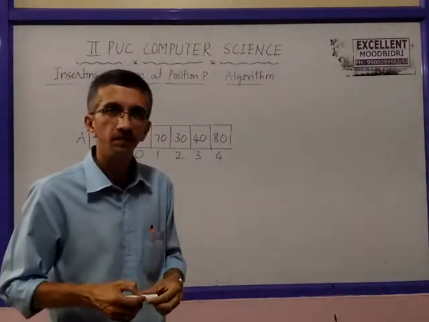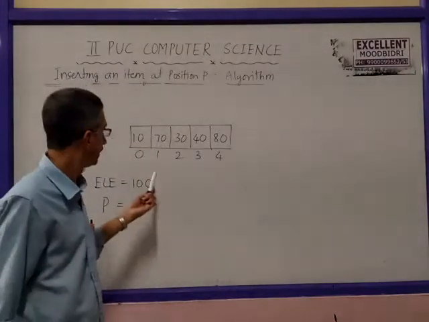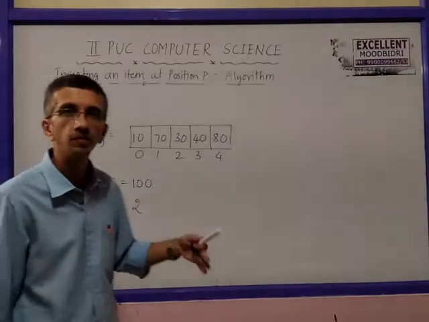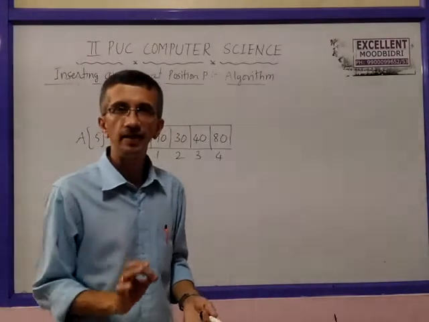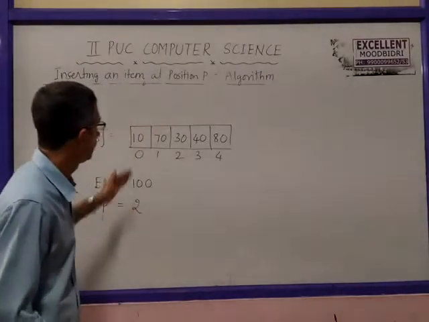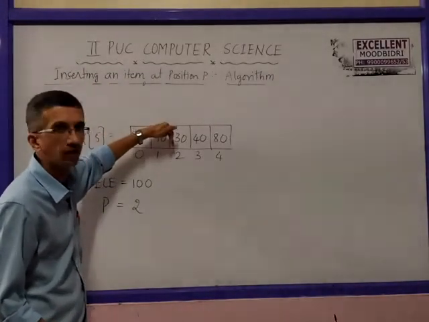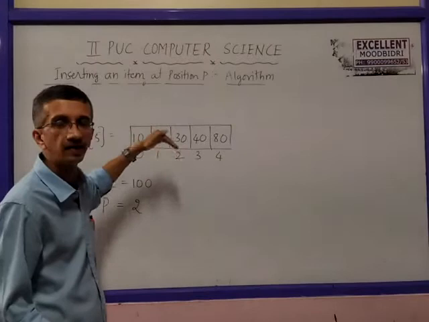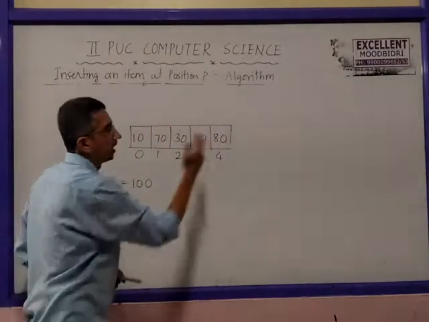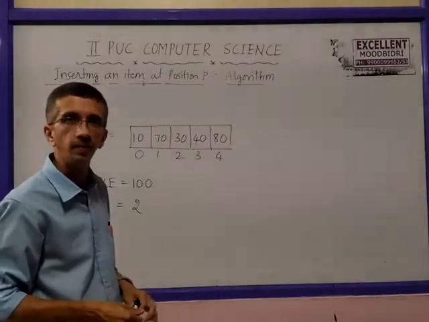How to insert? When we insert one item into an array, the number of items becomes one more, correct? If there are n items, the number of items becomes n plus 1. Is it overwritten? No. The already existing items must be shifted towards the higher order locations in memory, correct?